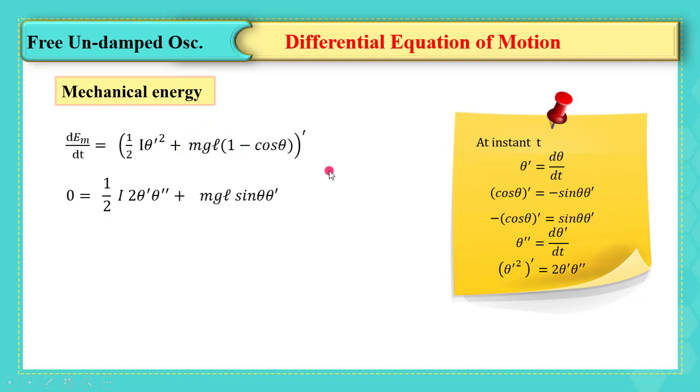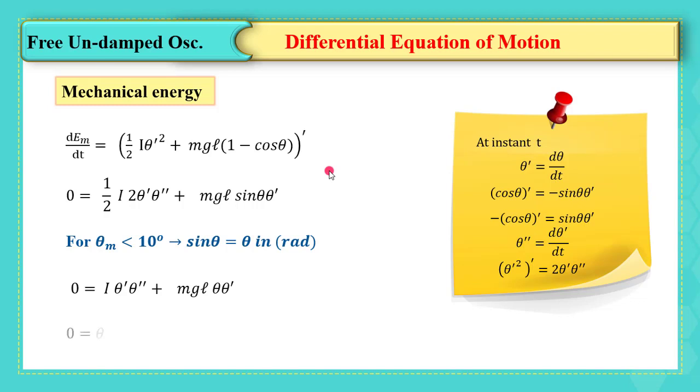You should know and you should study that for theta maximum very small and less than 10 degrees, sine theta can be written as theta in radians. So the above expression can be written as 0 equals I theta prime theta double prime plus m g L theta theta prime.